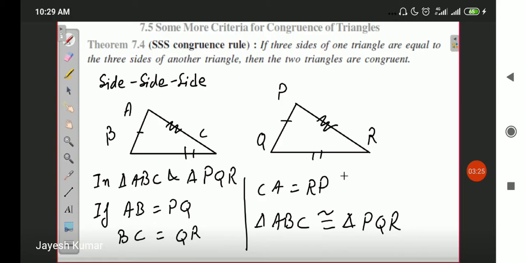Okay. So this is what an SSS congruency rule is. The proof of this congruency can be done, but you need to understand the 8th chapter first.